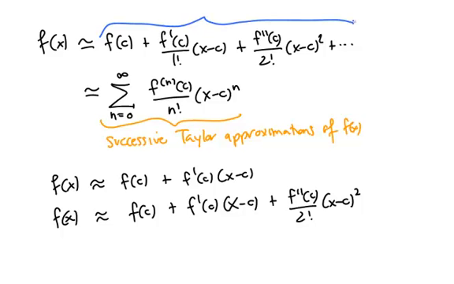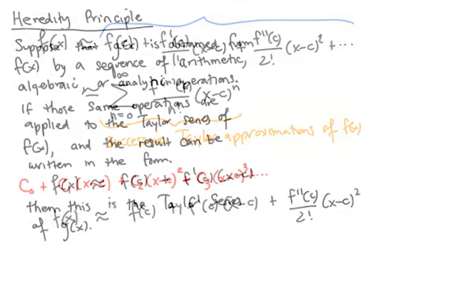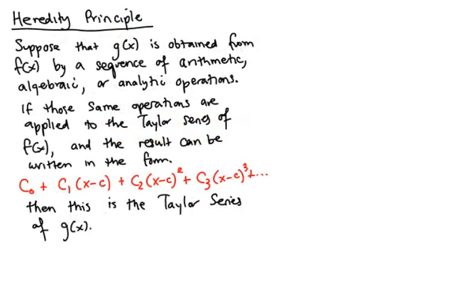Now we saw last time that we could get a hold of this entire Taylor series if we manipulated the Taylor series of known functions using something called the Heredity Principle. The Heredity Principle that we learned last time says the following. Suppose that g of x is obtained from f of x by a sequence of arithmetic, algebraic, or analytic operations.